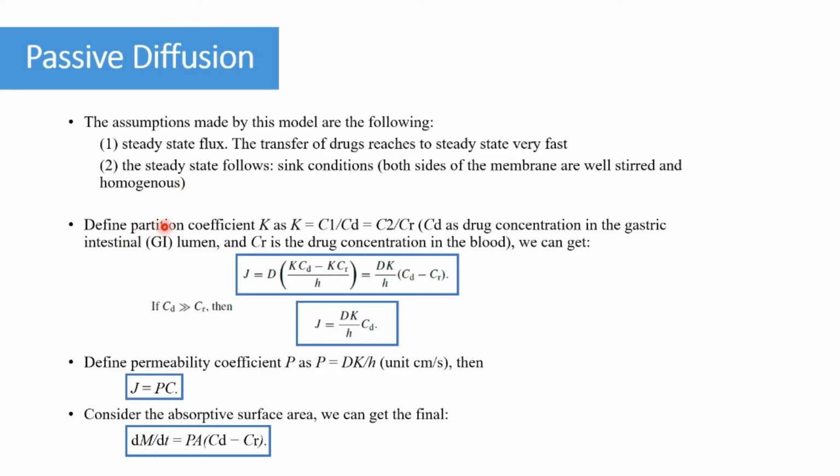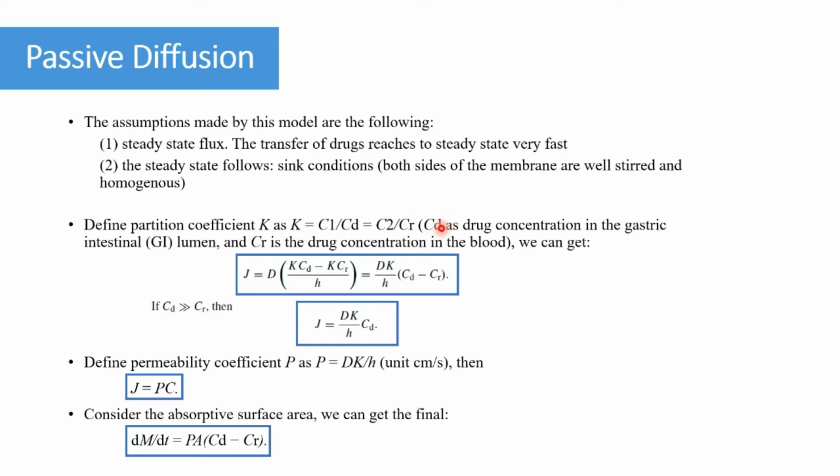So, define the partition coefficient, or K. This is new terminology. Maybe you have heard of this partition coefficient, which we call K. K is equal to C1 divided by CD, and equal to C2 divided by CR. As I mentioned previously, C1 is the drug concentration on the lumen side, while C2 is the concentration of the drug on the blood circulation side.